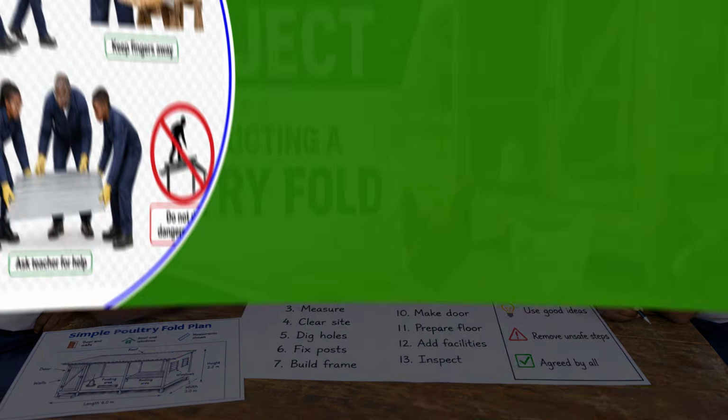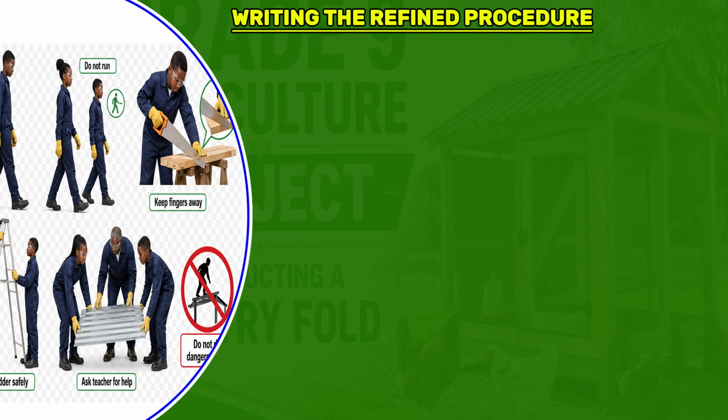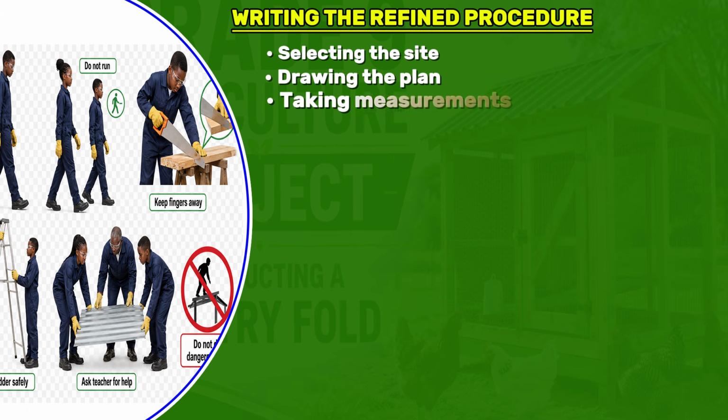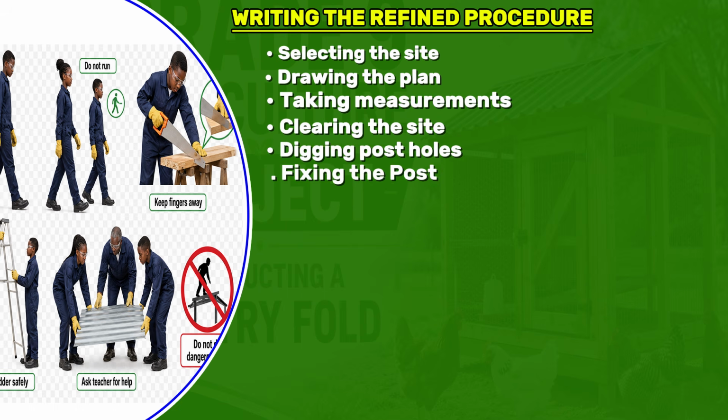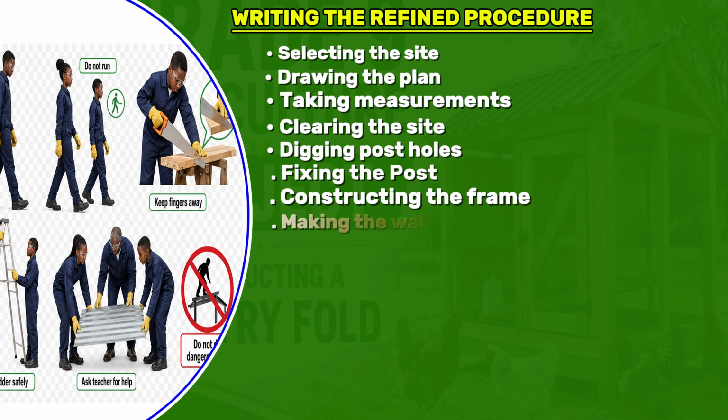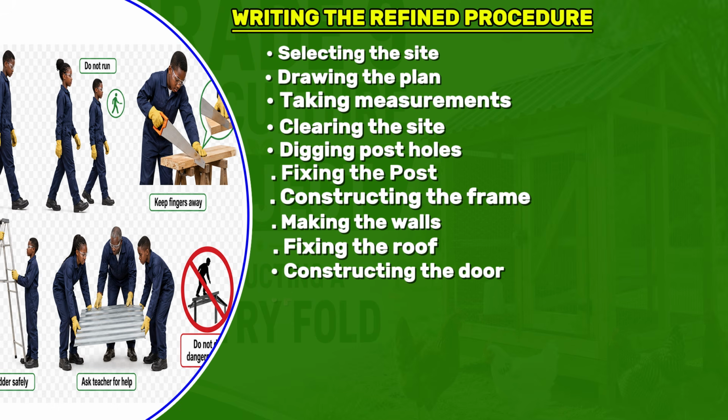And the refined procedure should include some of these things: the selected site, the drawing of the plan, and then taking of the measurements, clearing the site, digging post holes, fixing the posts, constructing the frame, making the walls, fixing the roof, constructing the door, and preparing the floor.